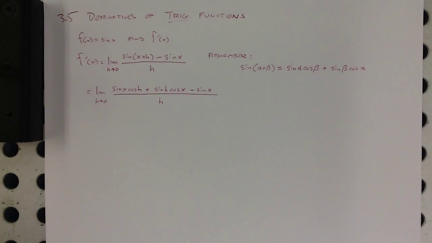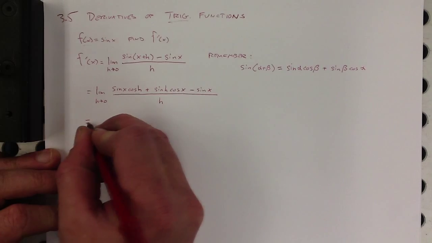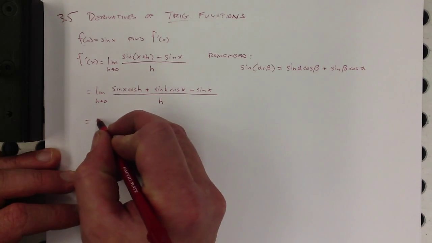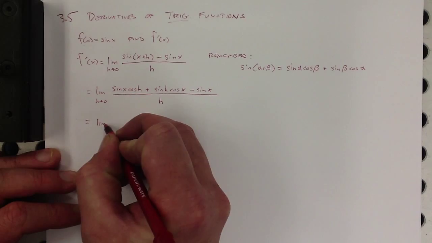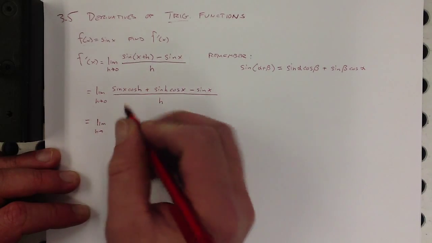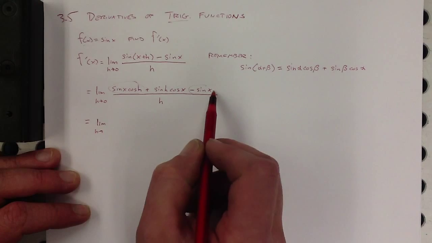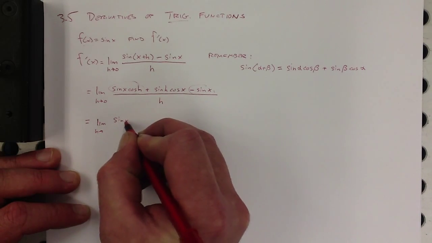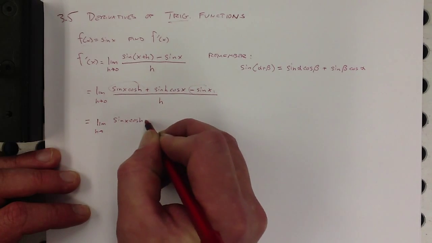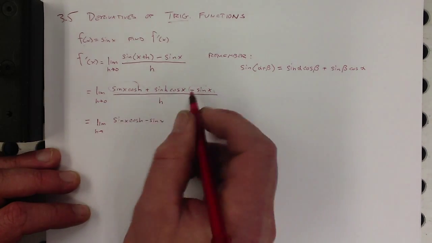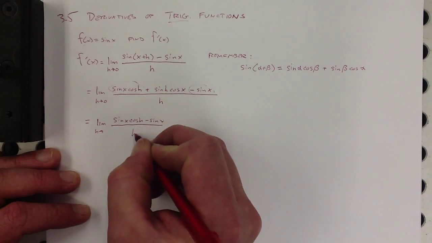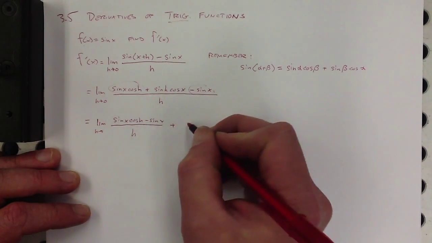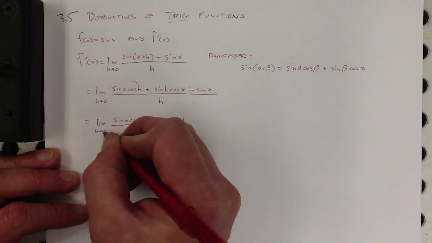I'm going to split this up into different pieces. Let's take the limit as h approaches 0, and put this term and this term together over h. This is all totally legal manipulation: cosine h minus sine x. I'm just rearranging those terms and doing the common denominator, breaking it up into the two pieces.